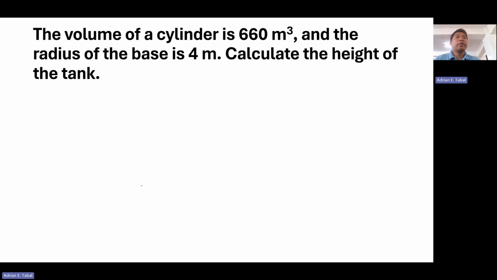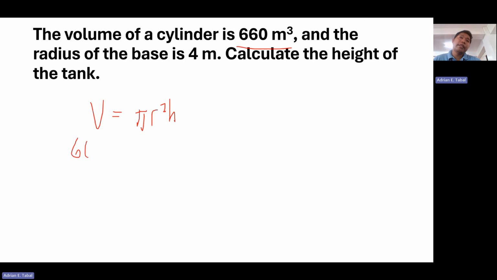Next question: the volume of a cylinder is 660 cubic meters, and the radius of the base is 4. Calculate the height of the tank. To find the height of the tank, again, we are going to use the formula: volume is pi r squared h.